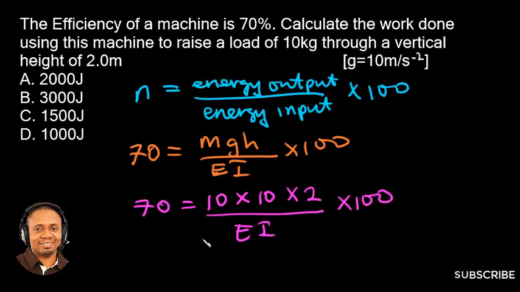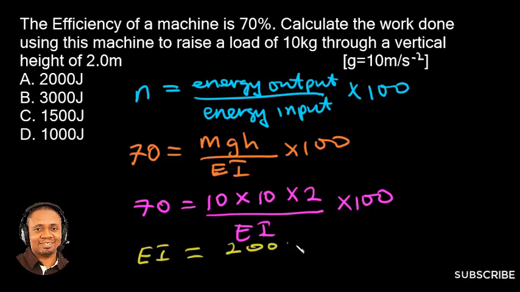Okay, so now let us make EI the subject of the formula. So if we cross multiply, we have EI, that is the energy input, equals 10 times 10 times 2 times 100 will give us 20,000.